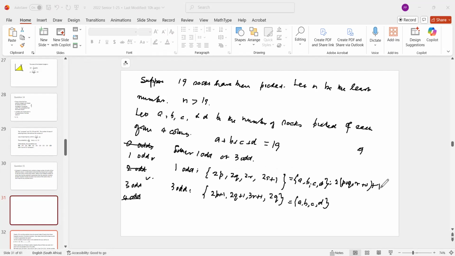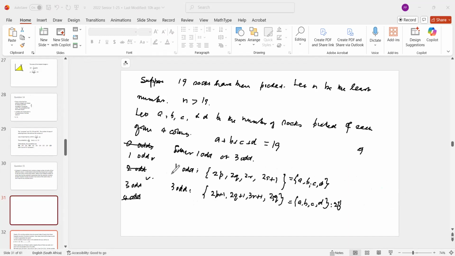Adding all these, you get 19. Sorry, let me just, this is quite a crucial point here, and I'm squeezing all this in. Let's write this in properly.